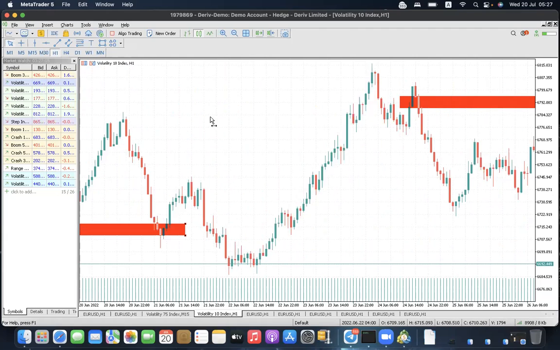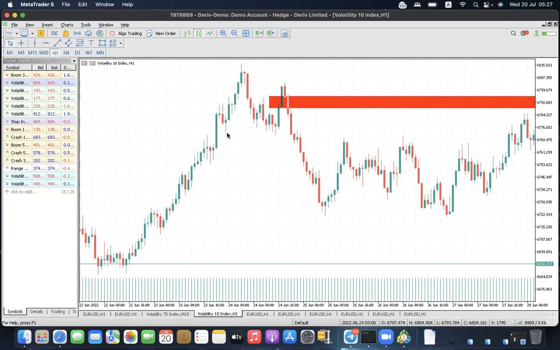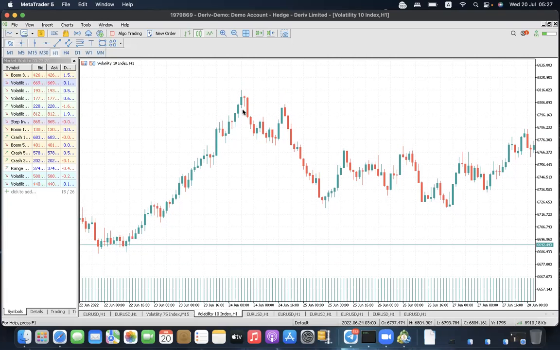For instance, we are here. We were uptrending, and this was our point of reversal. And we see that when we reversed, we left a gap here. And price came back to that area and fell.